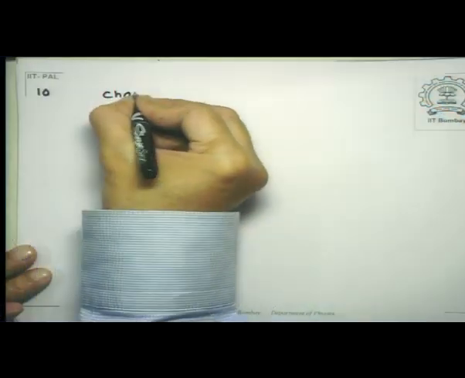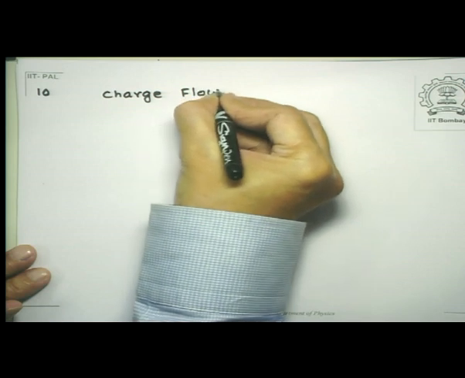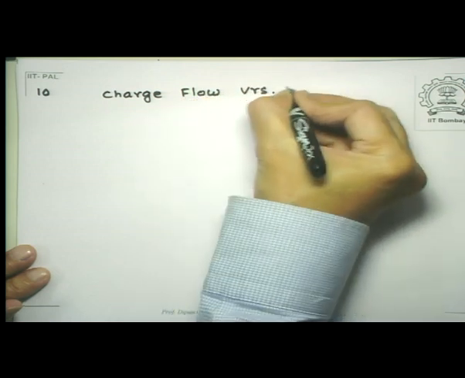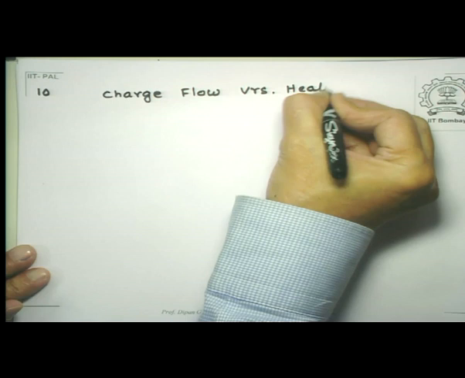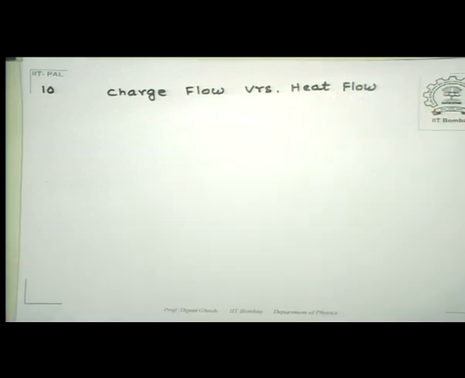Now, before I close this, let me bring out a similarity between charge flow and heat flow. Remember that right in the beginning, when I introduced the concept of an electric current, I had brought out a similarity with the flow of water in a tube.